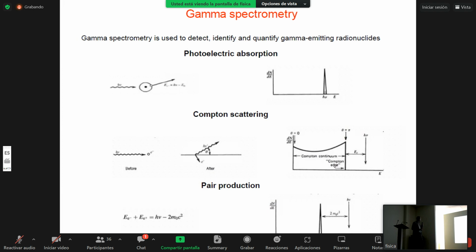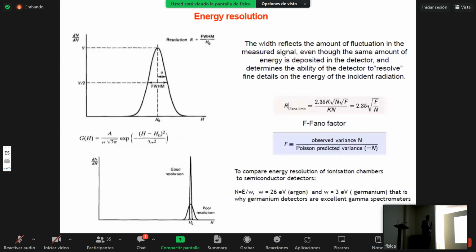So we have all these three processes, and we have to get the real spectrum now, and get the so-called energy resolution. This is the peak, which I described in my previous slides.